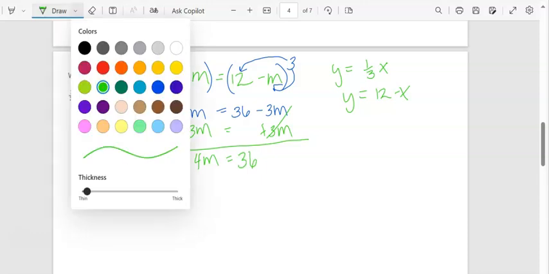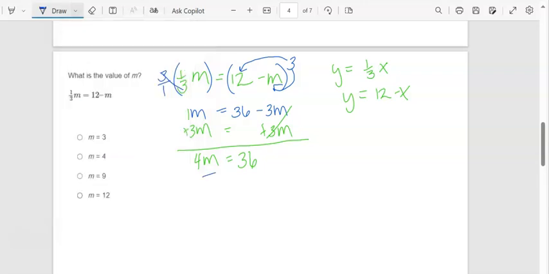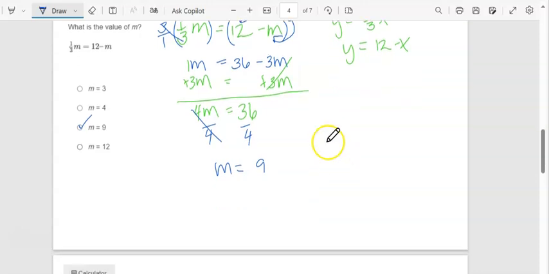So now we're going to divide by 4 on both sides. This cancels, and we're left with 36 divided by 4 is 9. Hopefully that makes sense. And you can do that with, I think there was one in the 2.05 assessment as well. You could do the same thing. It just needs a common denominator.